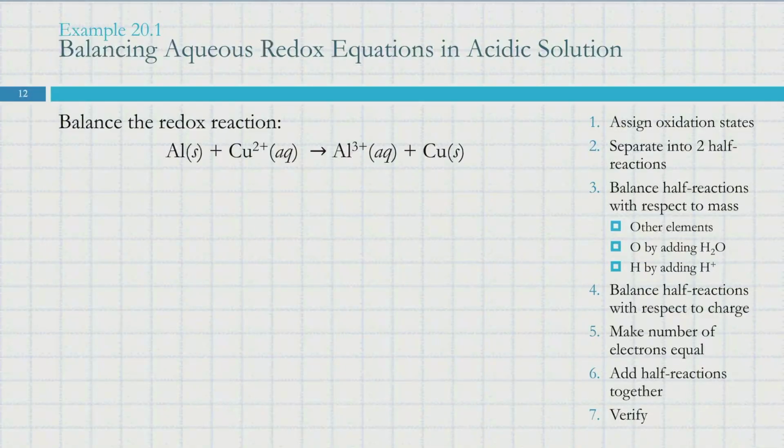Our oxidation state for a free element is going to be 0, so we can assign copper and aluminum, not the ions, charges of 0. For monatomic ions, where it's just one atom and it's an ion, it's the same as the charge. So we get +2 for the copper 2 ion and +3 for the aluminum ion.